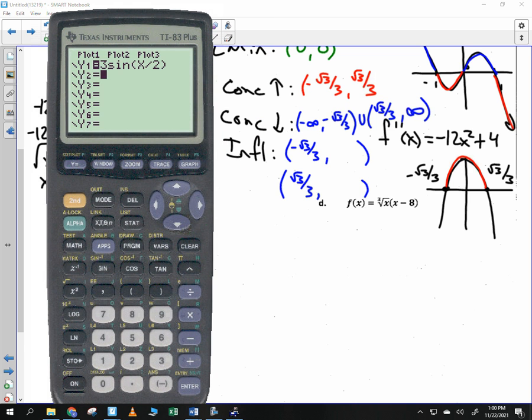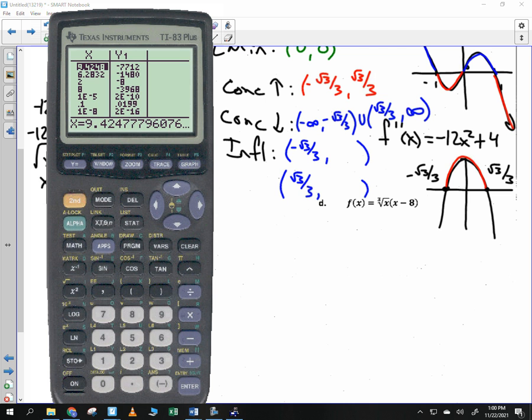I go to my original function, and I have, is it negative x to the fourth plus 2x squared? Agreed? Okay. And I'm going to go into my table of values here, and I'm going to type in negative root of 3. Notice how I'm going to close my parenthesis around it and then divide that by 3.